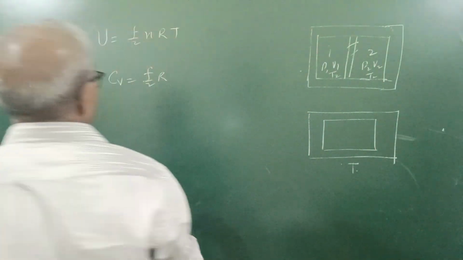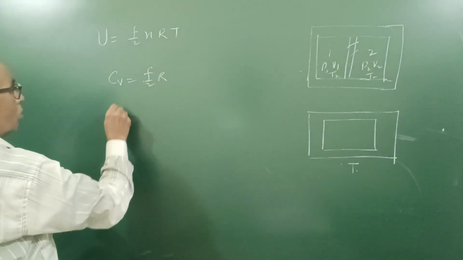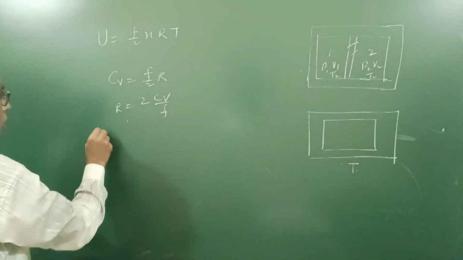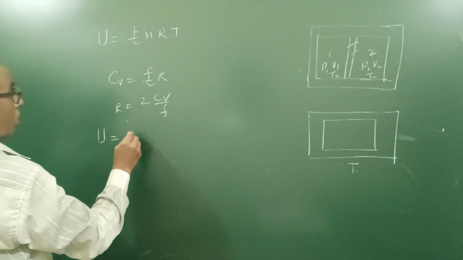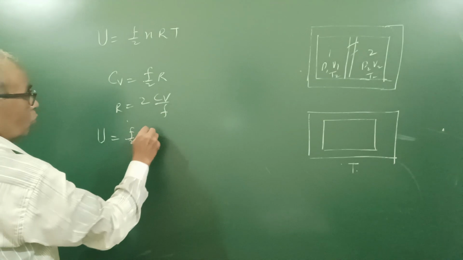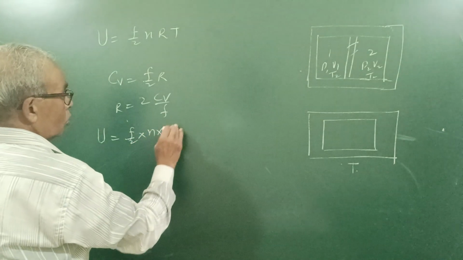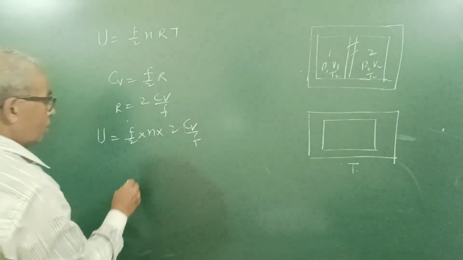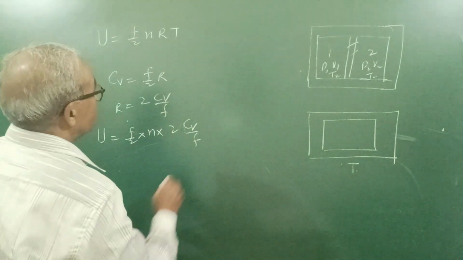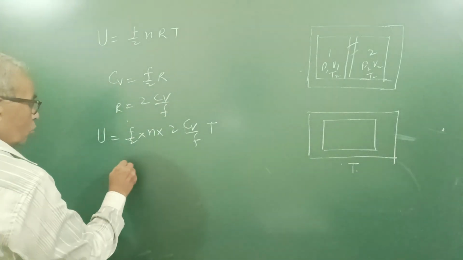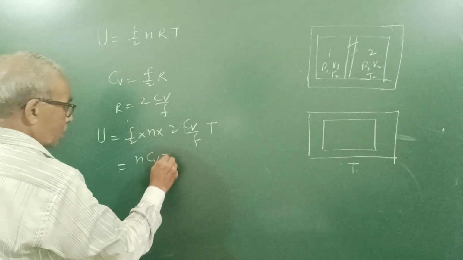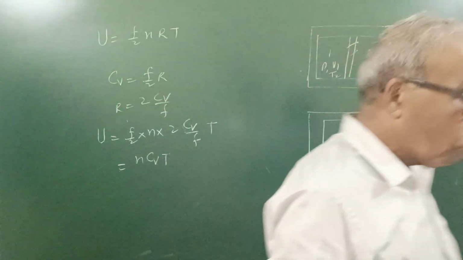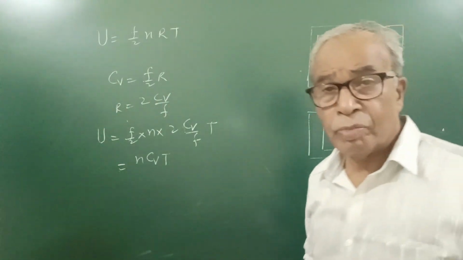F is there. From here, R equals 2 Cv upon F. Putting this value here, you get F by 2 into n into 2 Cv upon F into T. So you get n Cv T. You can write internal energy of gas in this form also, n Cv T.